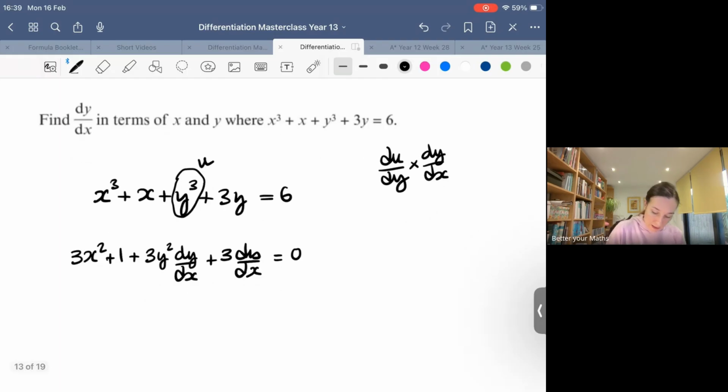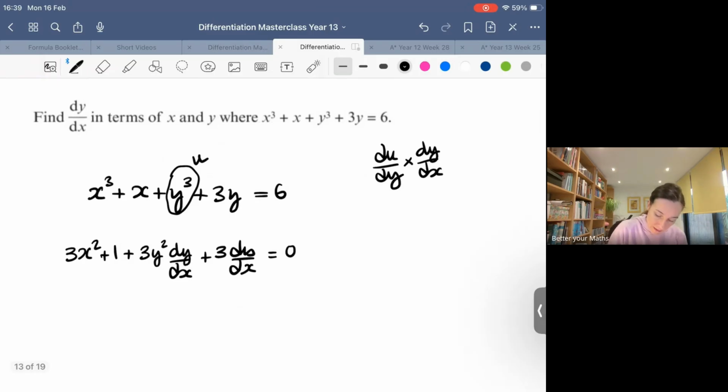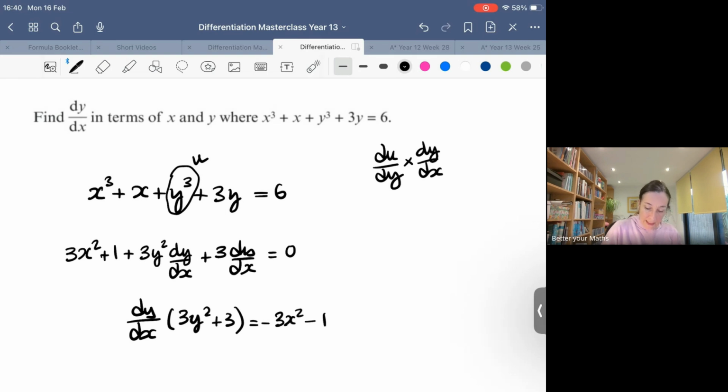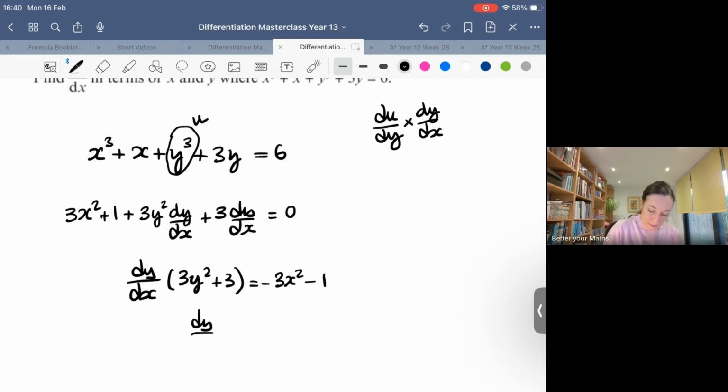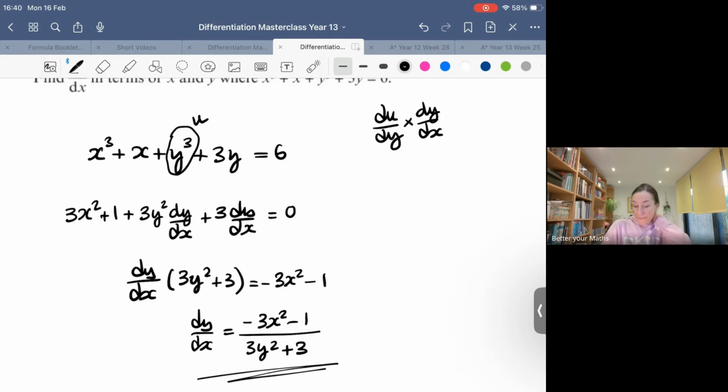So we factorize the dy by dx, multiplying 3y squared plus 3 on the left, everything else to the right. So minus 3x squared minus 1, which means dy by dx is minus 3x squared minus 1 divided by 3y squared plus 3. And that's your derivative.